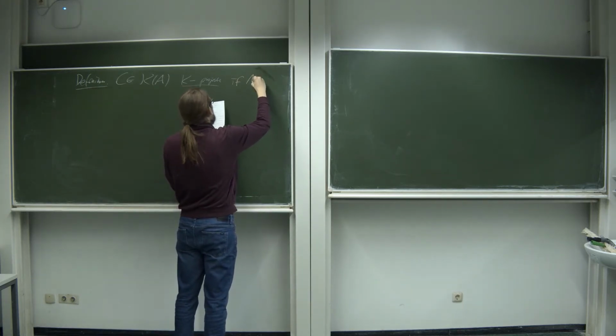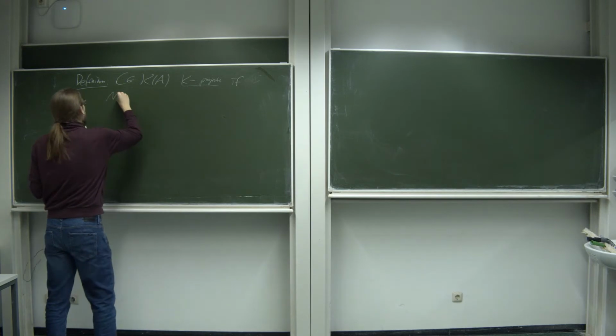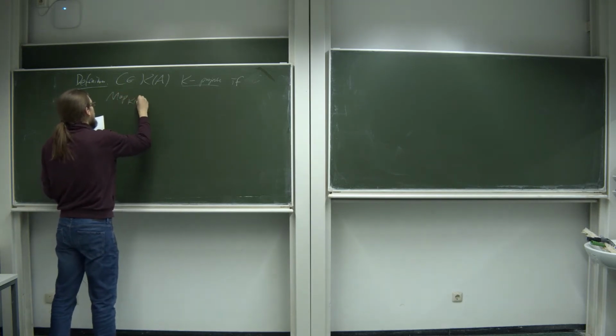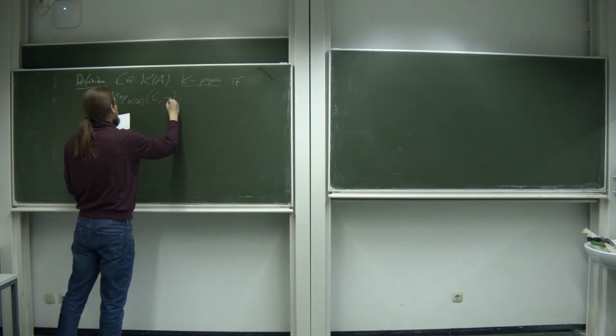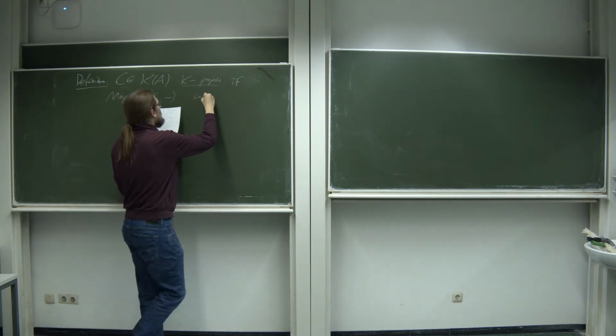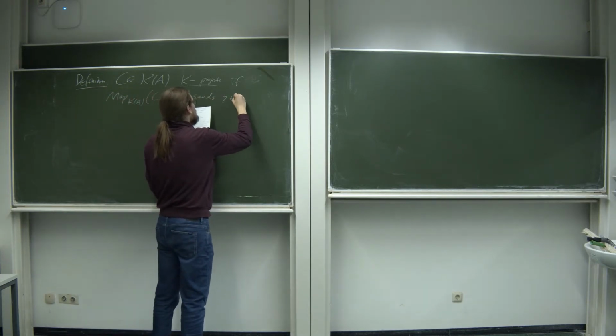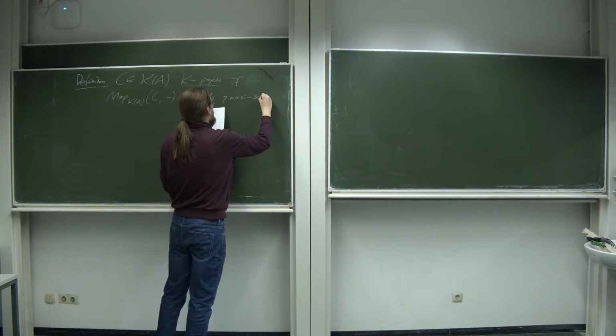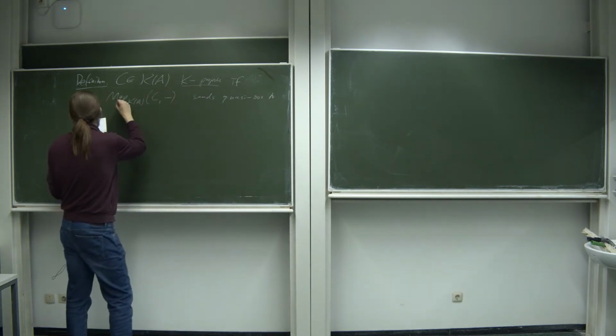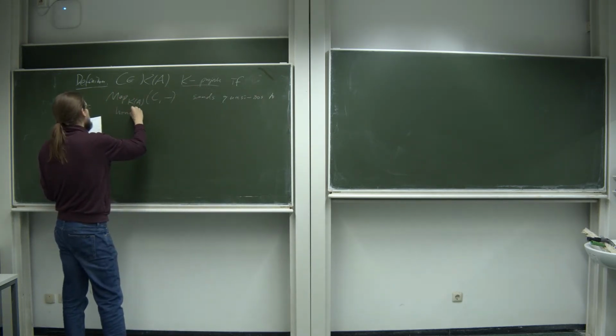If map in K of A C comma blank sends quasi-isomorphisms to homotopy equivalences.